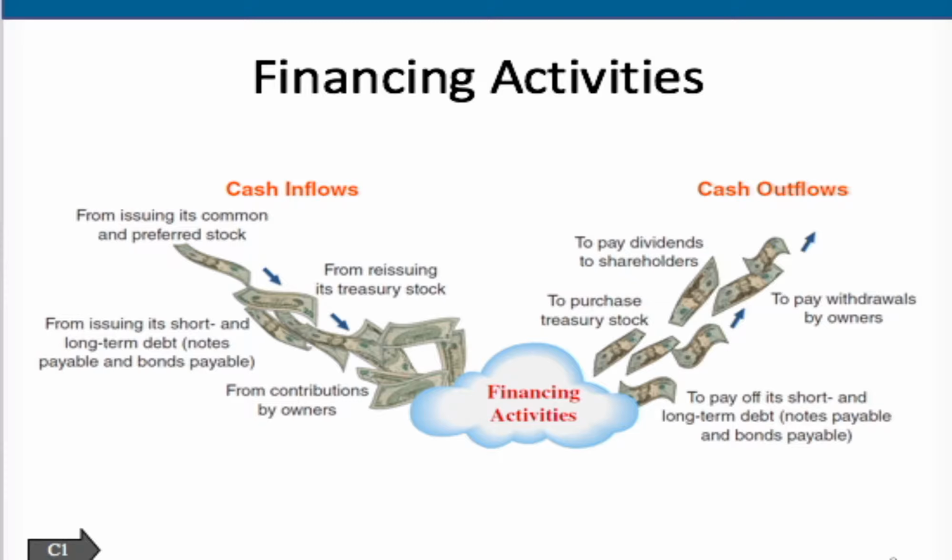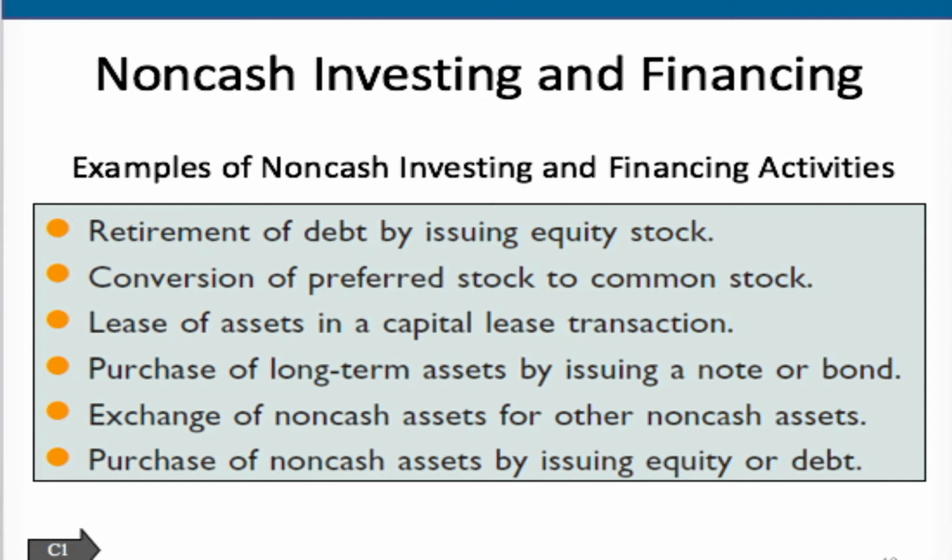They also involve borrowing and repaying principal amounts relating to both short-term and long-term debt. GAAP requires that payments of interest expense be classified as operating activities. This slide lists examples of cash flows from financing activities.